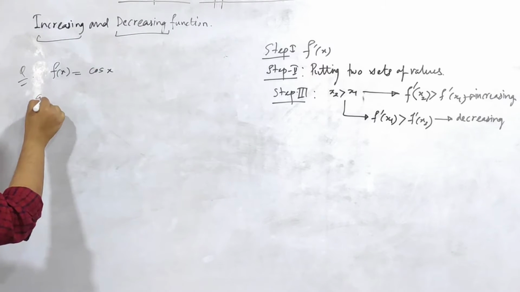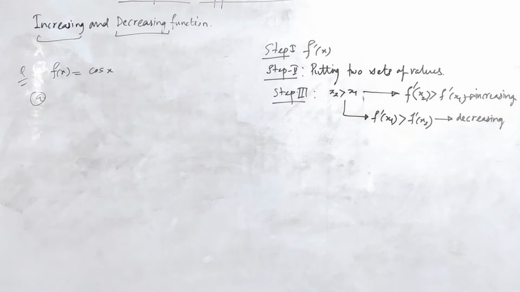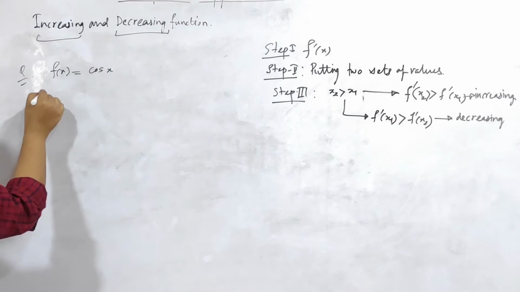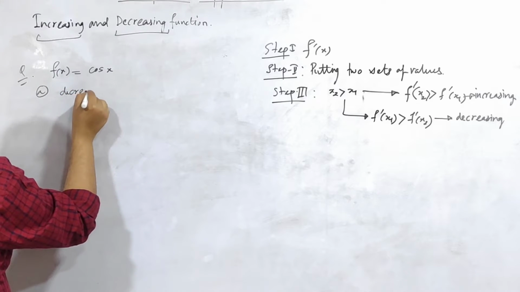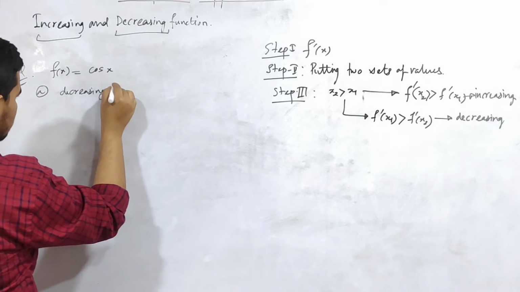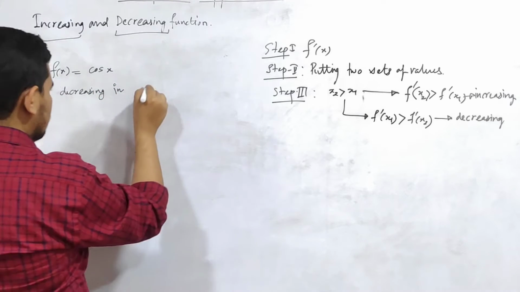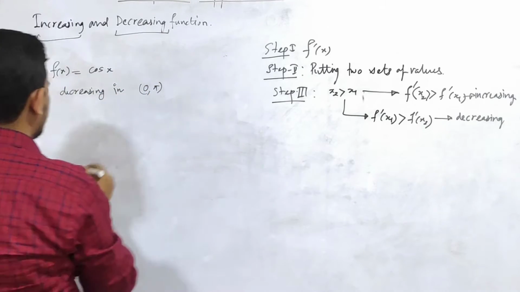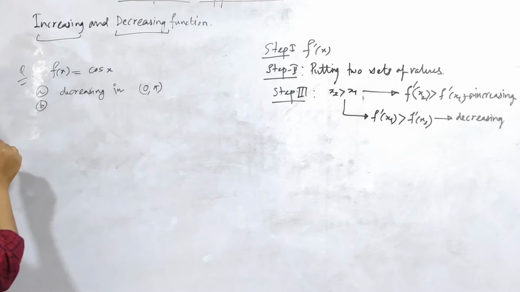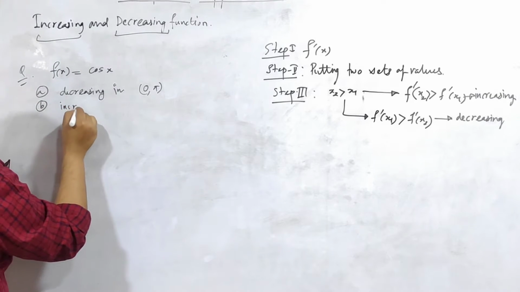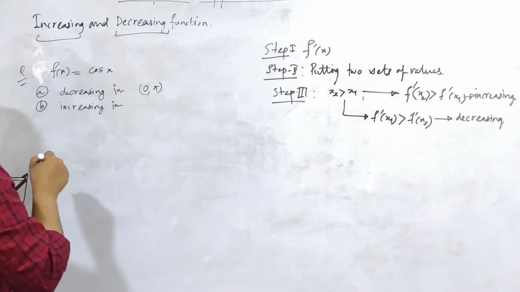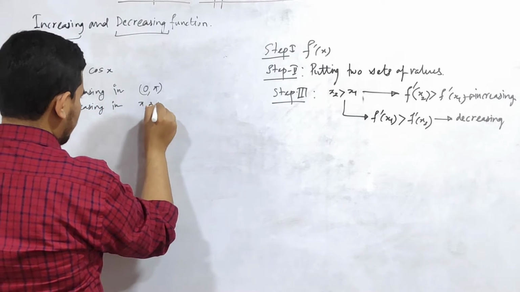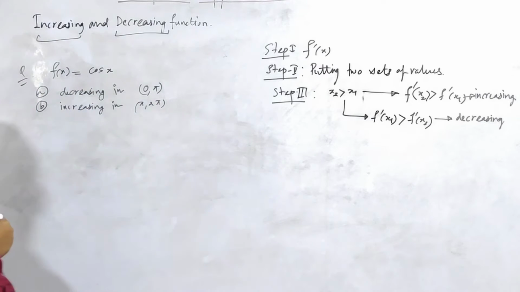Actually this is a proof kind of problem where we need to check whether it is decreasing in the interval 0 to pi. The second part is increasing in the interval pi to twice pi.